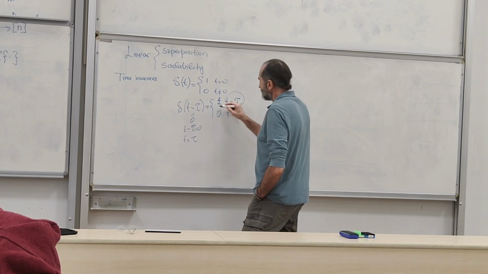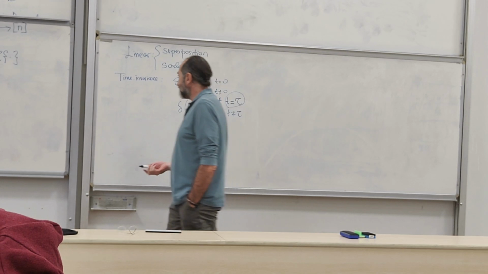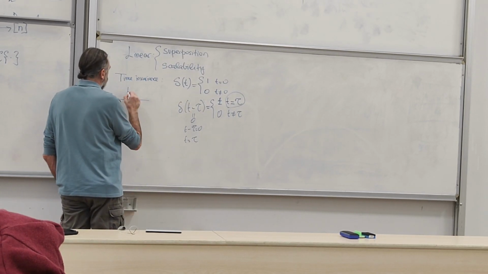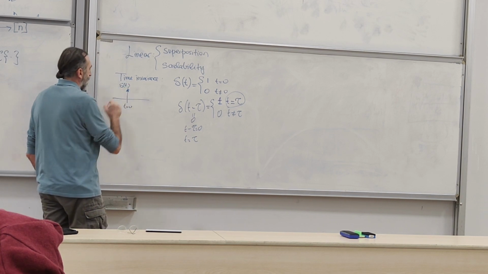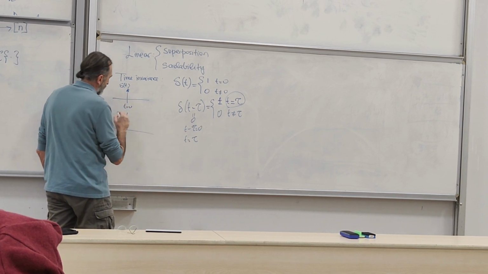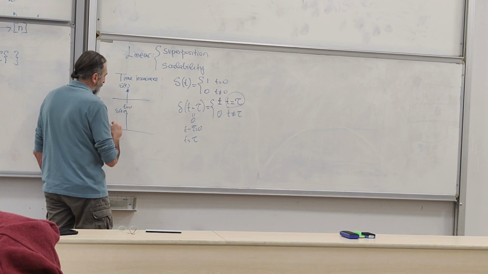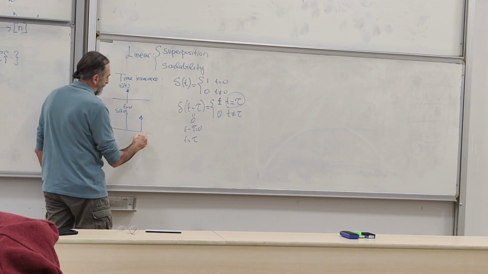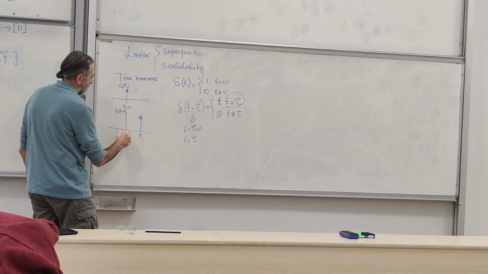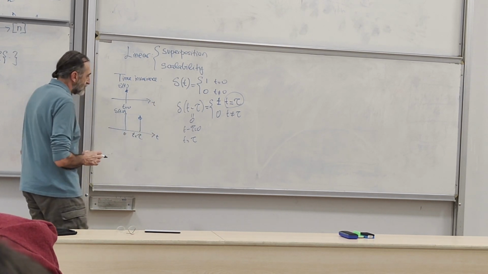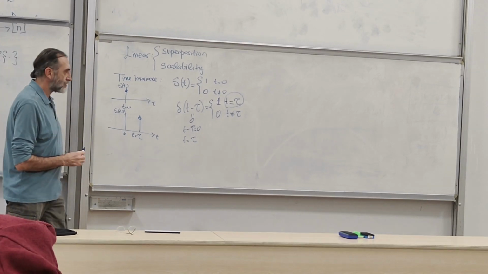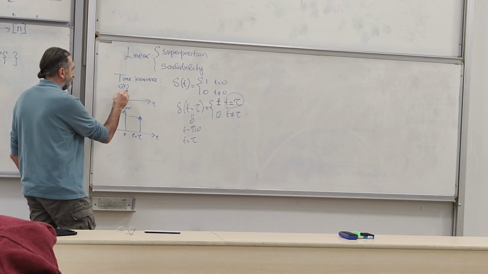That's how I find this. And the net result is if delta is this, t equals 0, then delta of t minus tau is going to be equal to this, t equals tau.